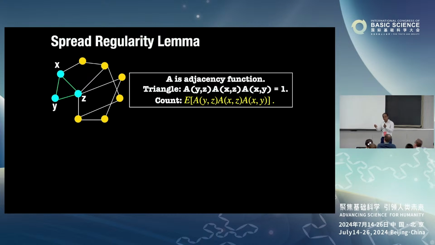I have my addition. Imagine that I see this, and there is a z such that a of yz times a of xz times a of xy is 1. To count the number of triangles, in some sense I want to count the expectation, just normalize differently. I want to count the expectation of the product. This way, this counting or checking if this is 0 is easy.